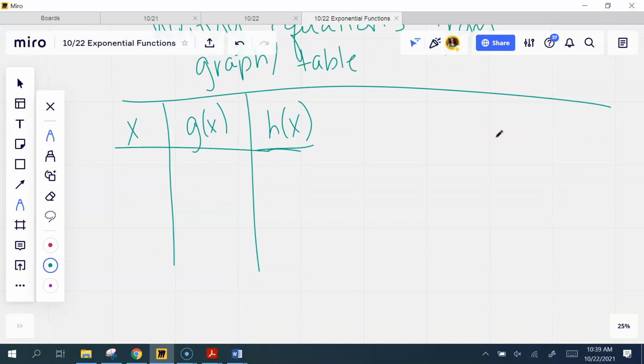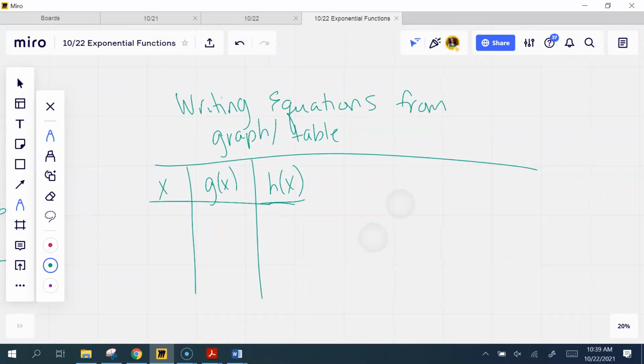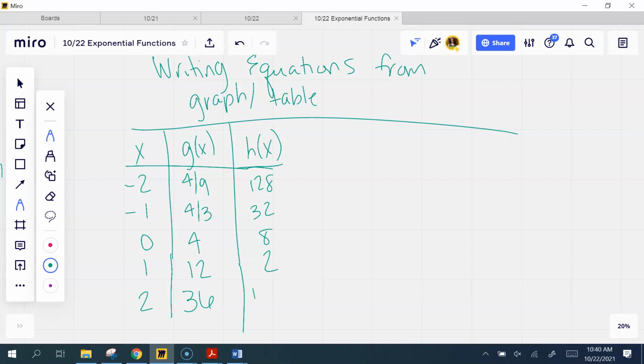You understand I'm talking about two different graphs here if I write it this way. I'm going to give you a second to copy all this down before I start talking about it.